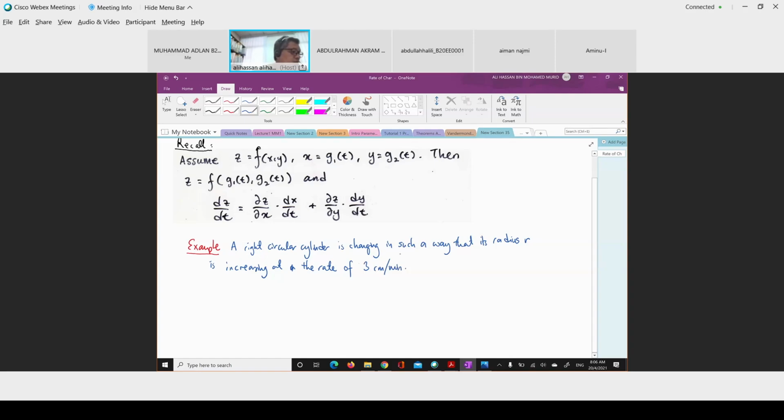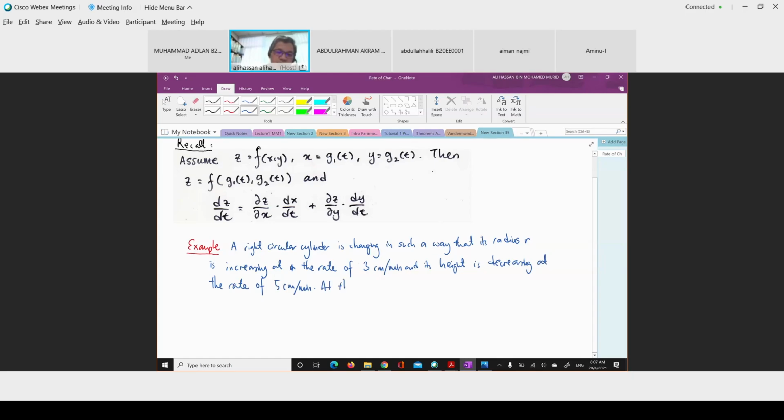Okay, and its height h is decreasing at the rate of 5 centimeter per minute. Yeah, at what rate?